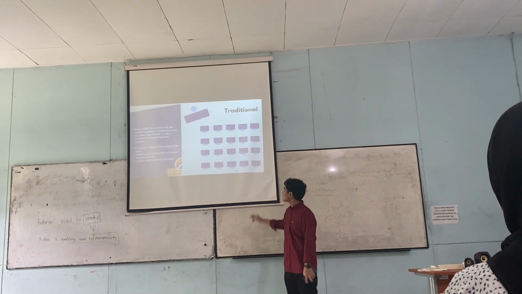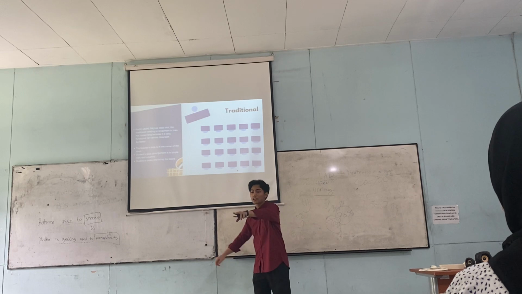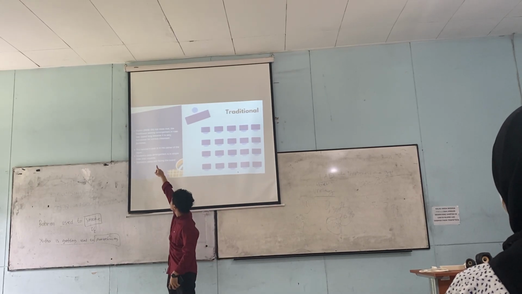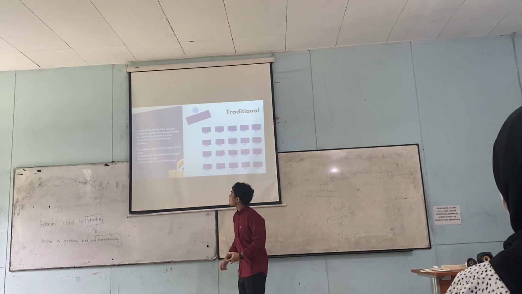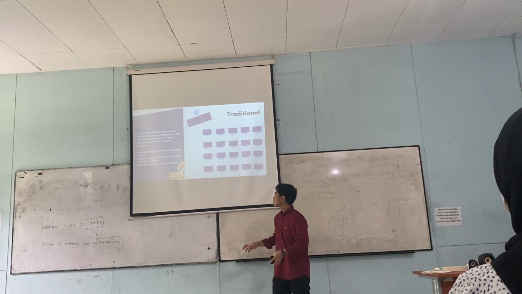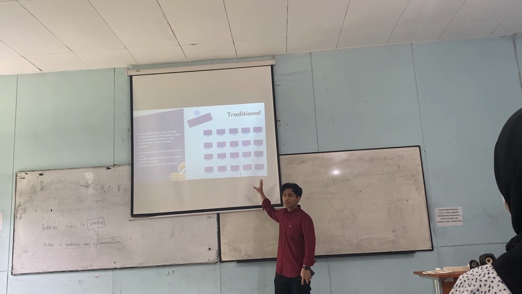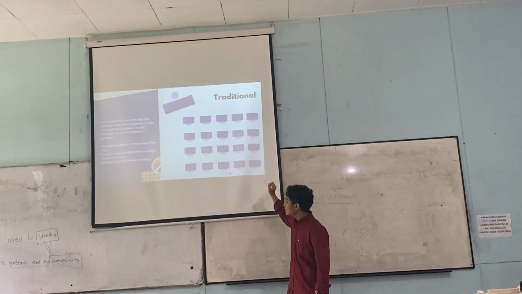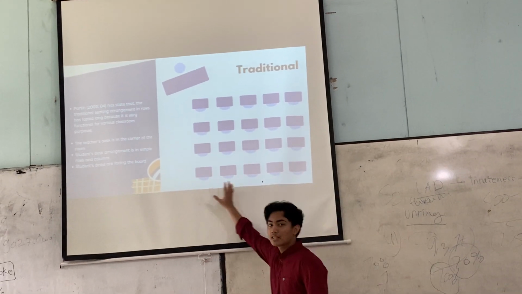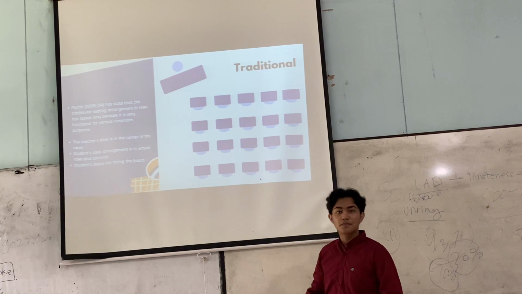We have 20 seats; in this class we have more than 20. As stated in 2009, the traditional seating arrangement is more functional. For example, if you want your students to do individual assignments, it's really good for them to have this seating arrangement because they can work individually.